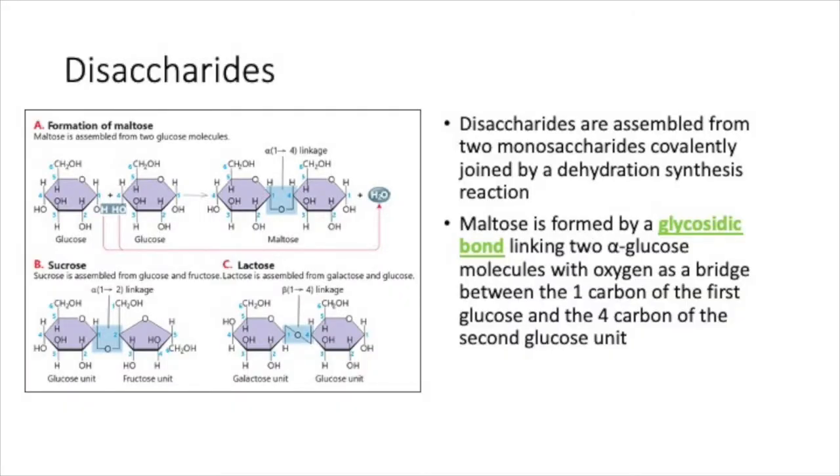It does have that capability and it is more structurally sound that way, but it doesn't always do that. Again, we have disaccharides, right? Disaccharides are formed by dehydration synthesis of 2 monosaccharides, right? We have 2 monosaccharides, dehydration synthesis comes through, 1 water goes away, right?